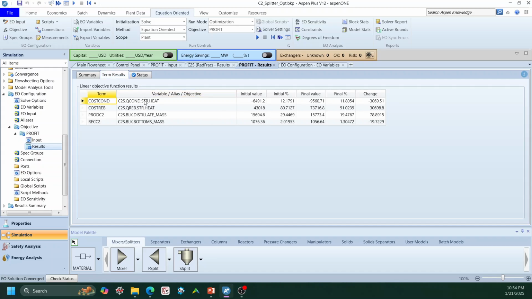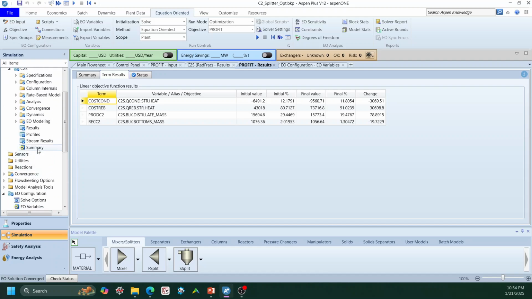This condenser duty was 6,000, and it increases to 9,000, and the reboiler goes from 43,000 to 73,000, in such a way that we are making more distillate, from here to there, and less of the bottom stream, because it's a very cheap one. We put some more to the top. So that's how the variables are changing.